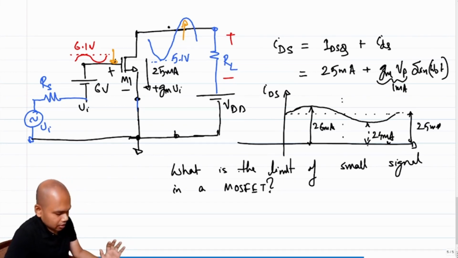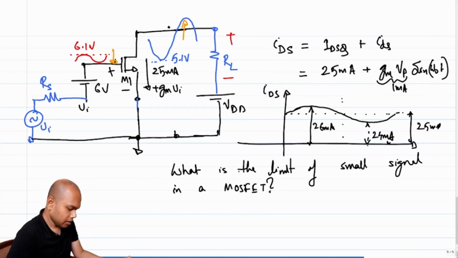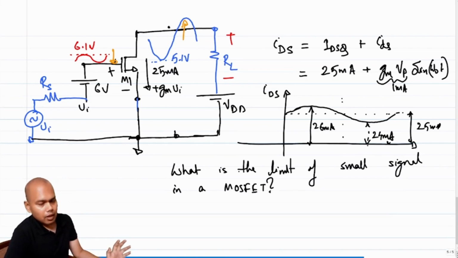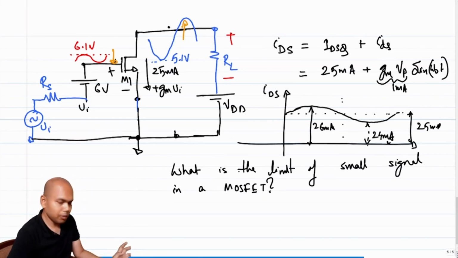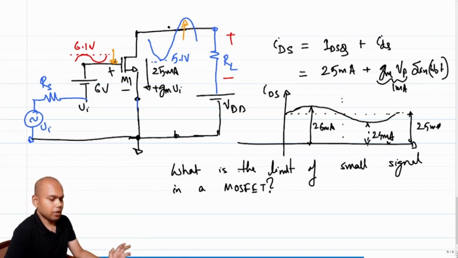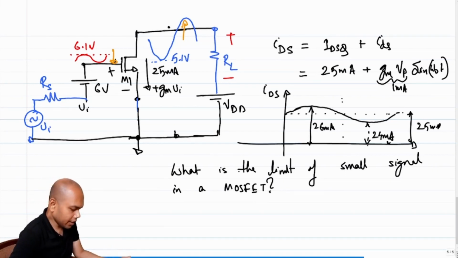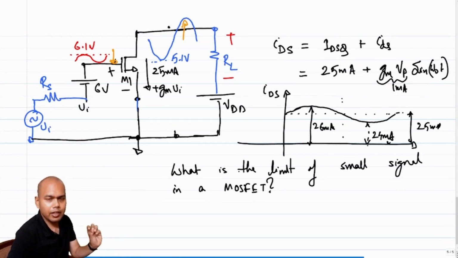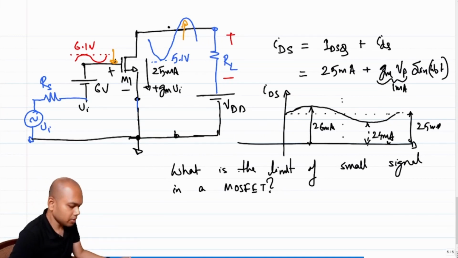So the answer to that, again one might point out, is dependent on architecture, right? Whatever is small signal for one particular architecture might not be small signal for another architecture. But let's take a vanilla MOSFET into account, right?